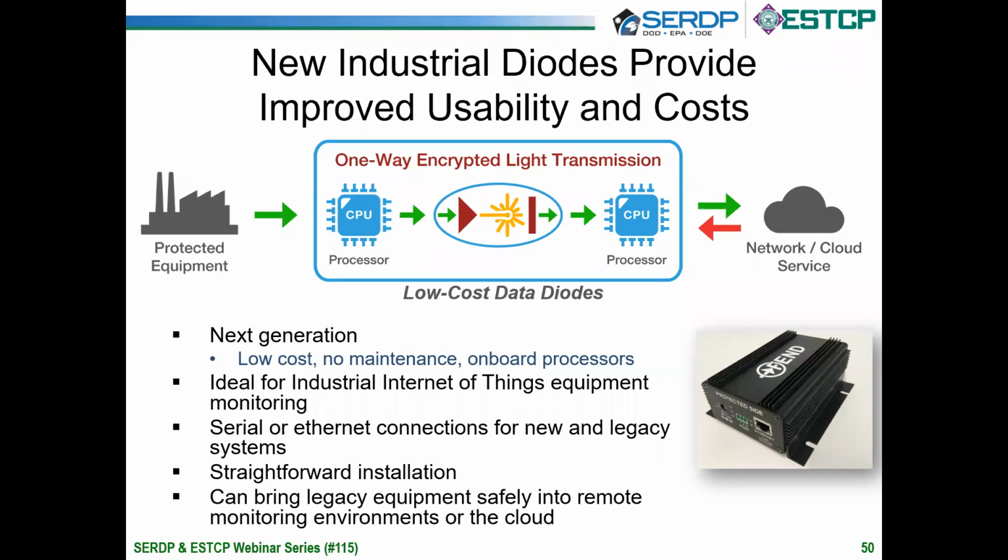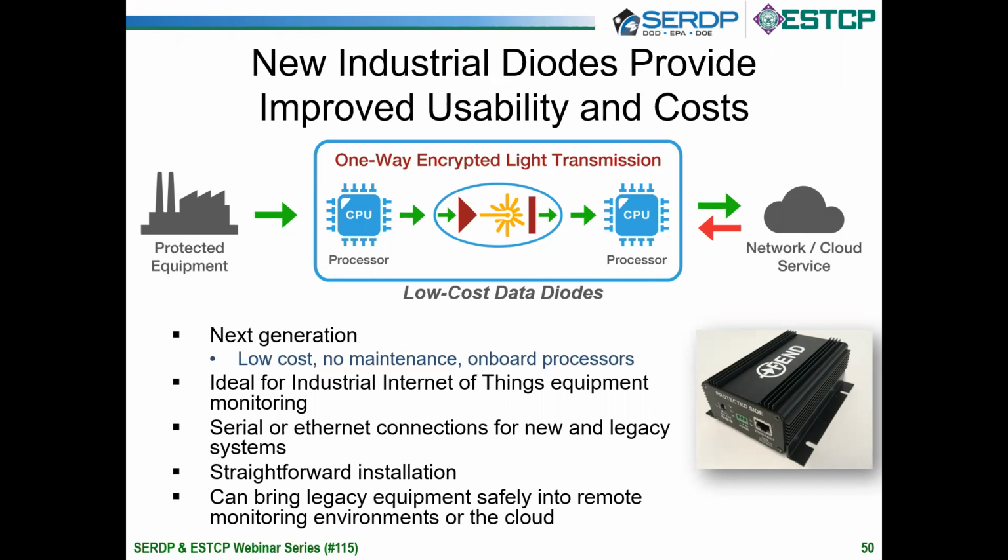This next generation of data diodes has some other things that make it more suitable for these industrial applications, including low cost. Rather than something that typically would start at $50,000, these are less than a tenth of that, so much more affordable for building level monitoring. They don't require the patches and updates that firewalls do to keep you safe.